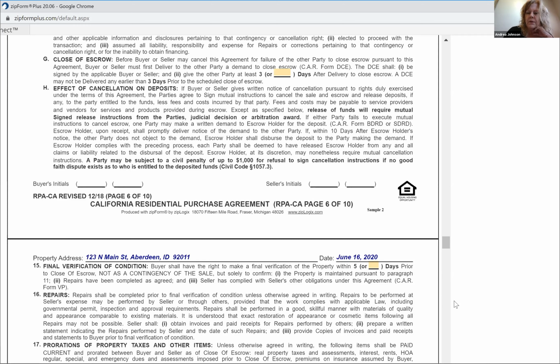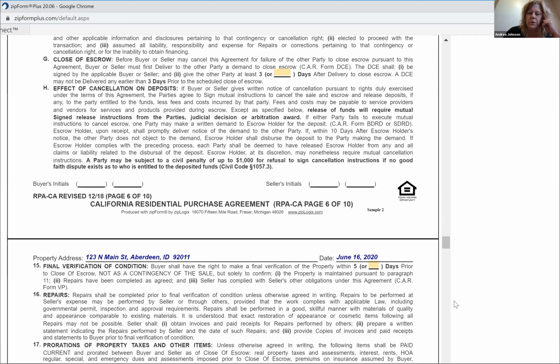This is CAR form BDRD or SDRD, and that is buyer demand for release of deposit or seller demand for release of deposit. The escrow holder, upon receipt of the BDRD or SDRD, shall promptly deliver notice of the demand to the other party. And if within 10 days after the escrow holder's notice, the other party does not object to the demand, escrow holder shall disperse the deposit to the party making the demand.